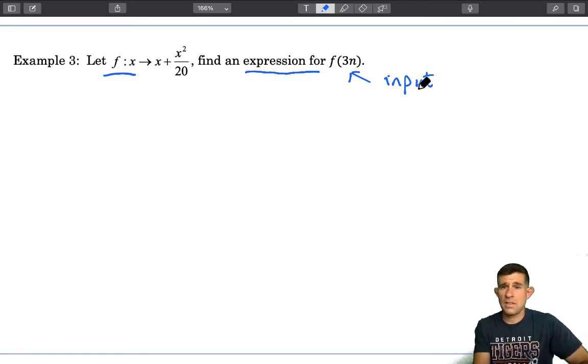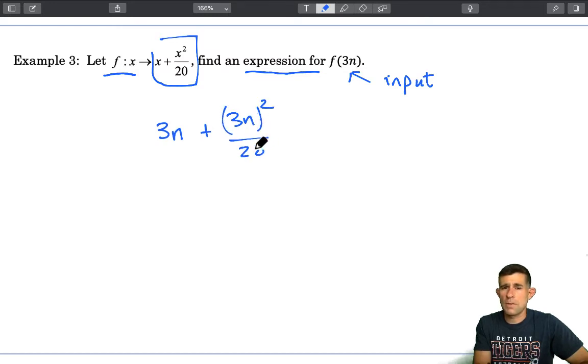We can take this input, 3n, and substitute it into our equation, x plus x squared over 20, wherever we see that x. So we get 3n plus 3n squared over 20. So here is an expression for what this f of 3n will be equal to.